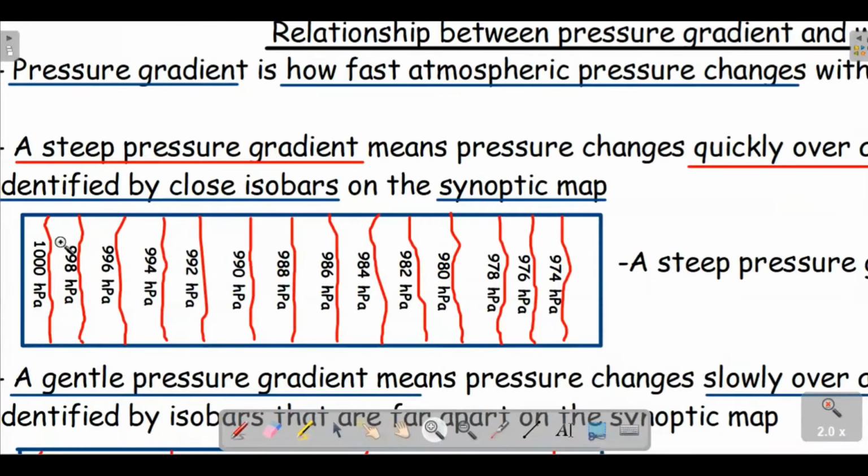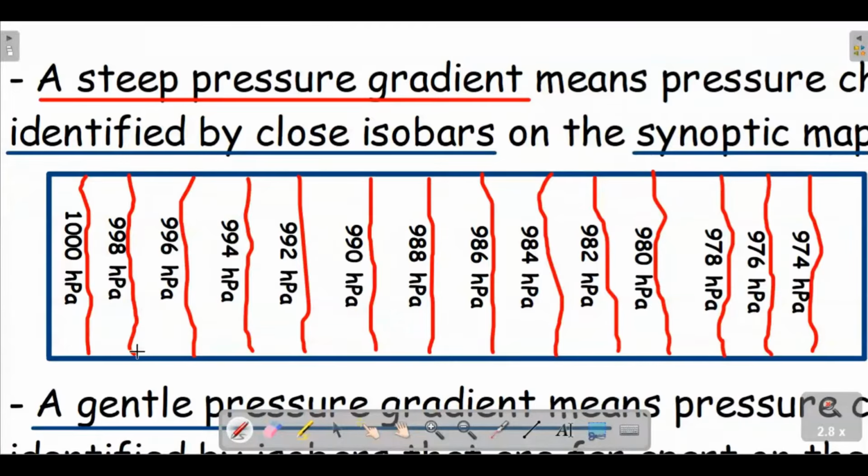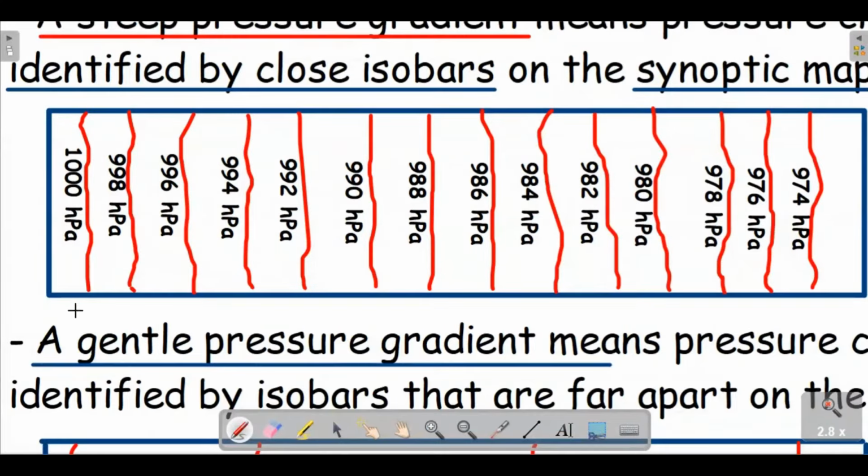As you can see, guys, right over here, you have isobars. All of these are isobars, and isobars, guys, are lines that join areas of equal pressure. As you can see over here, let's say this is X and this is Y. Let's say the distance from X to Y is 200 meters. Okay, just an example, guys.